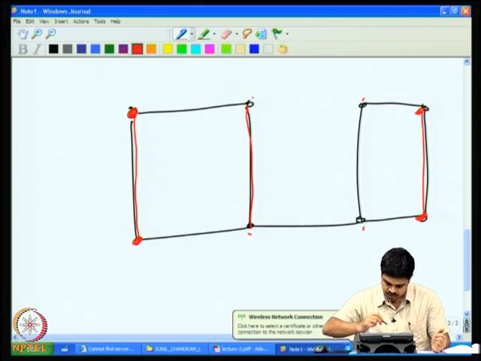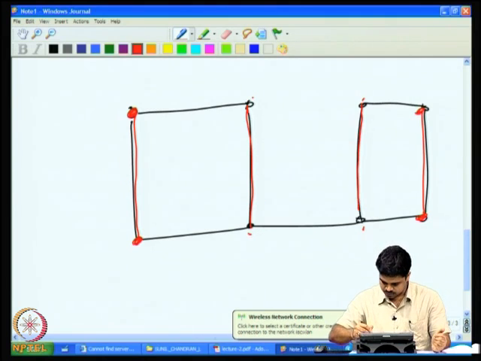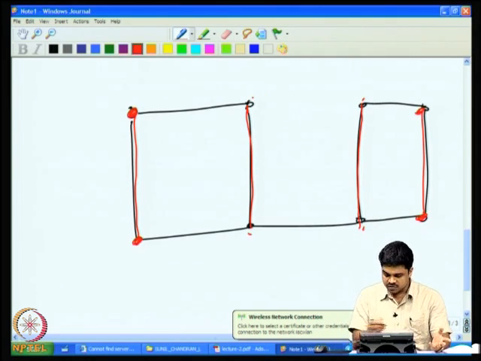This is also independent because these three are not sharing any endpoints with each other, and I can add this also, right. Now I cannot add any more because all the vertices are now matched. So, the biggest collection of independent edges, that means matching, that I can get in this graph is of cardinality 4.